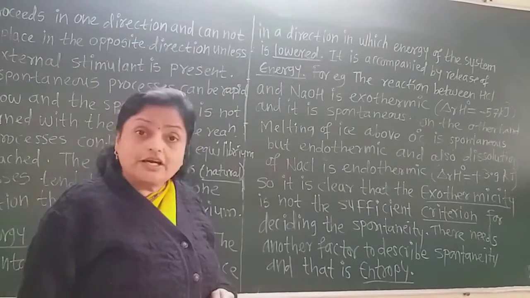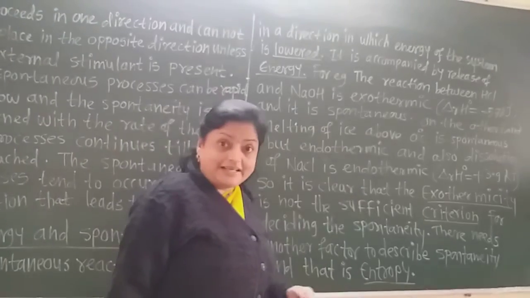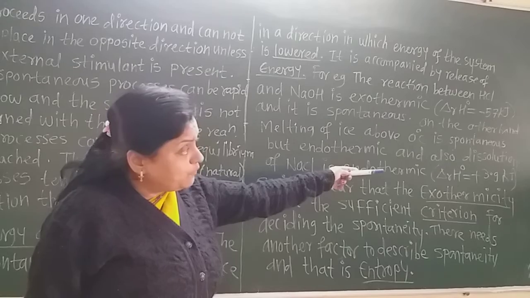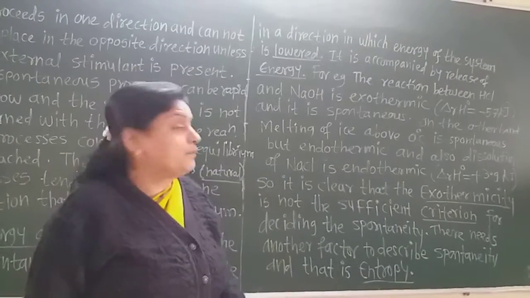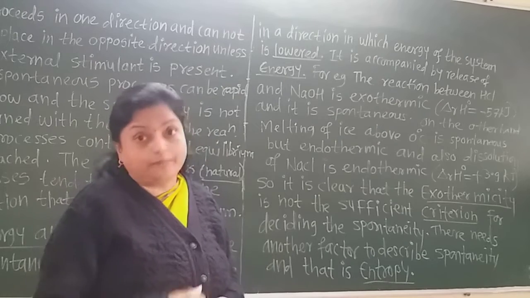Also the dissolution of NaCl is an endothermic reaction because the heat of dissolution of NaCl is plus 3.9 kilojoule. The positive sign indicates that heat gets absorbed, so it is an endothermic reaction.